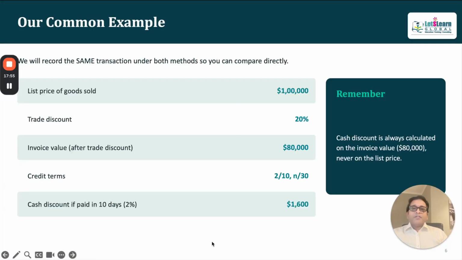So the gross method. Here, let's take the same example, a $100,000 invoice, where we already offered a 20% discount, that is a trade discount. Our accountant has recorded 80,000: accounts receivable debit 80,000, sales account credit 80,000.